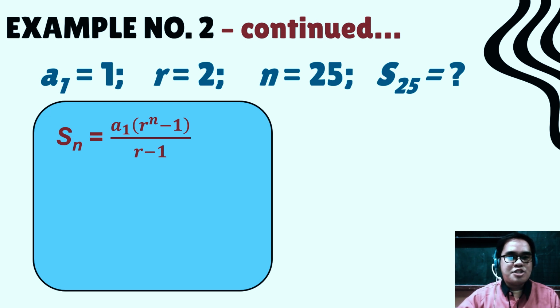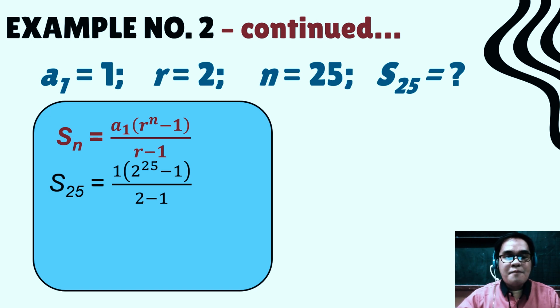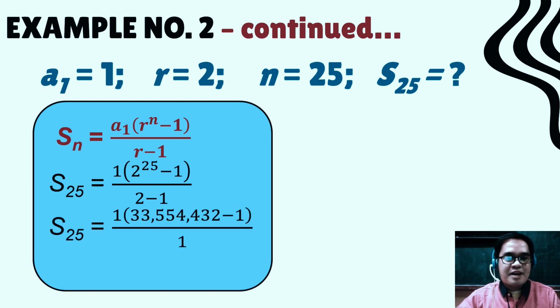The next process is to substitute all the given values that we have. For S sub n, substitute it with S sub 25 equals 1, which is the value of a sub 1, times the quantity of r, which is 2, raised to n, which is 25, minus 1 over 2, which is the value of our r, minus 1. And we are going to simplify them further.